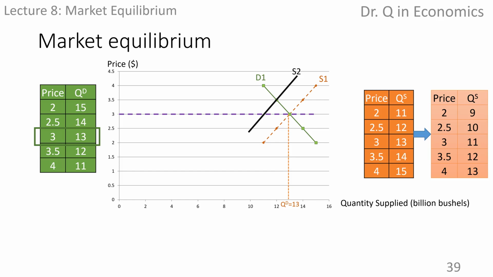At the price of $3, quantity supplied has to be found at the new supply curve, which is 11. The quantity wanted and able to be purchased by consumers, 13, is larger than the amount willing to be supplied by sellers, 11. This gap is a shortage, and it equals 2 billion bushels.